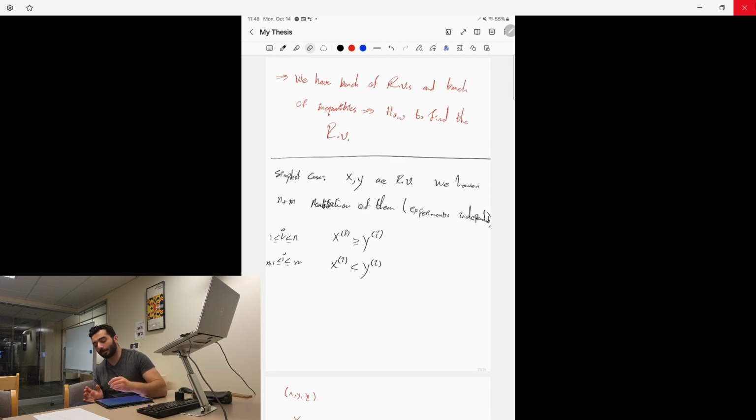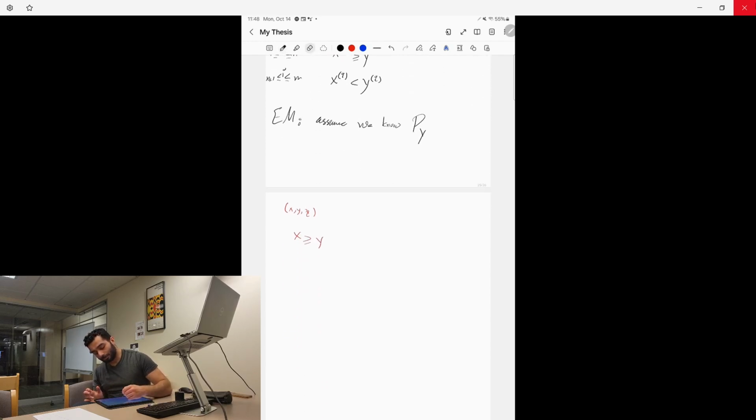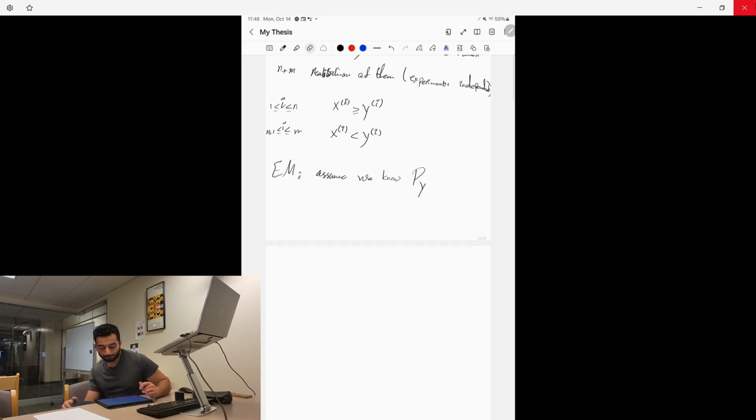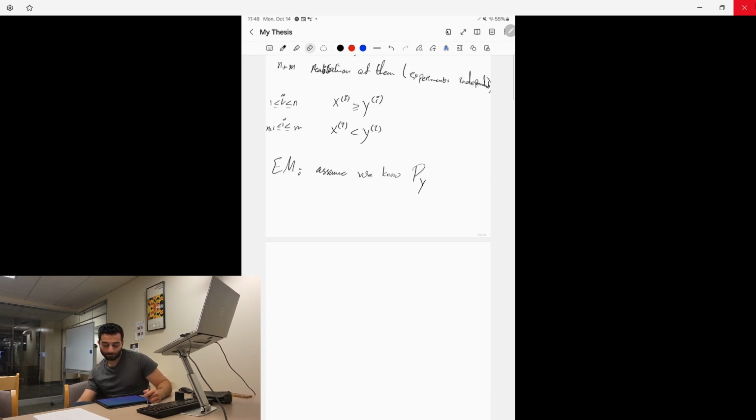Assume one, find the best for the other one, EM. Assume we know p_y. What happens is that it's a kind of maximum likelihood thing.